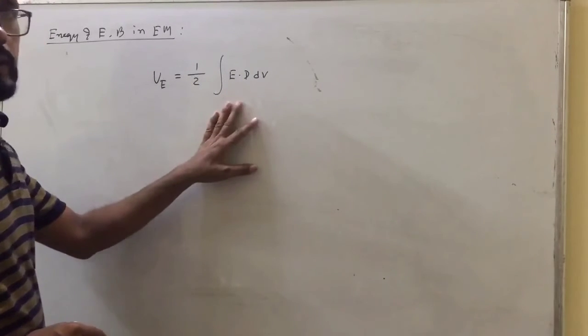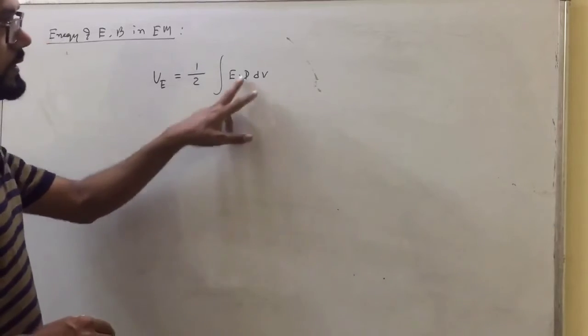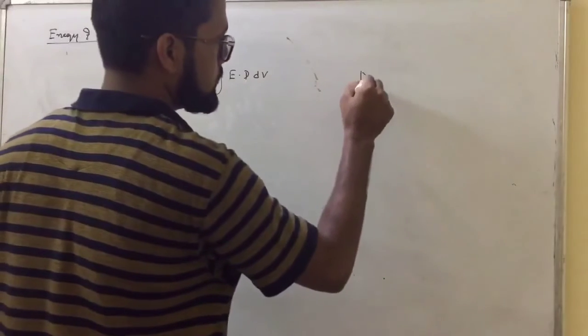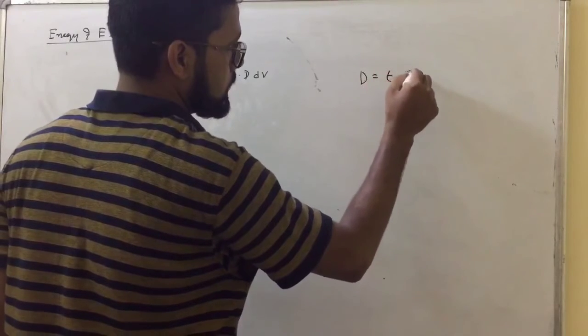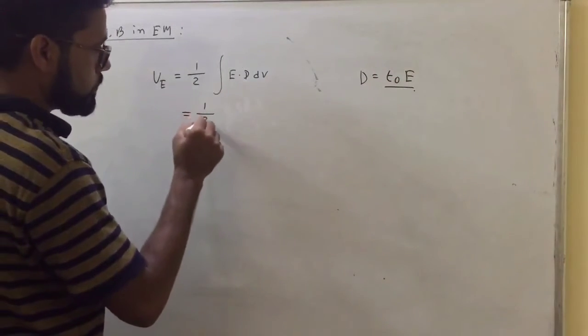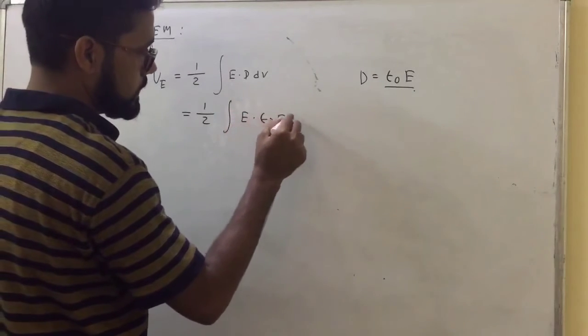This equation was already given in the previous electrostatics chapter. In free space, D equal to epsilon naught E, so E dot epsilon naught E dV.